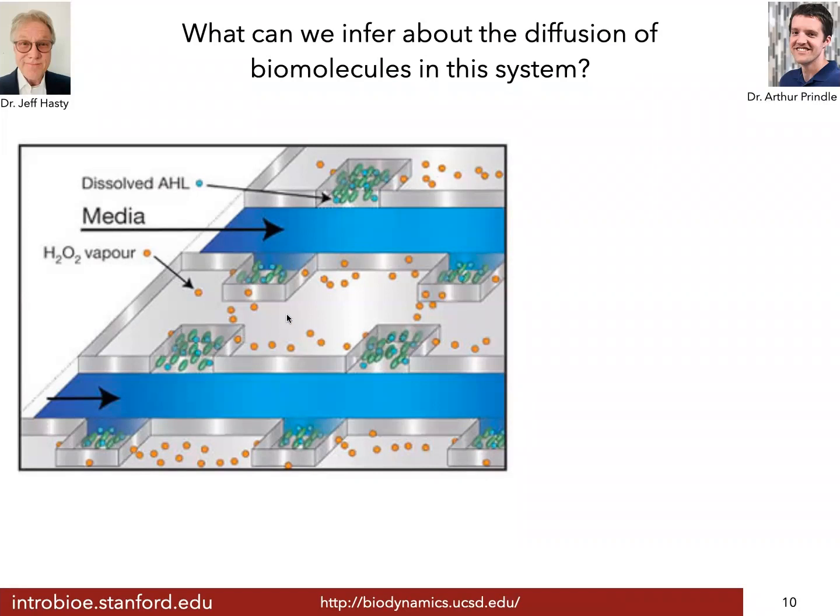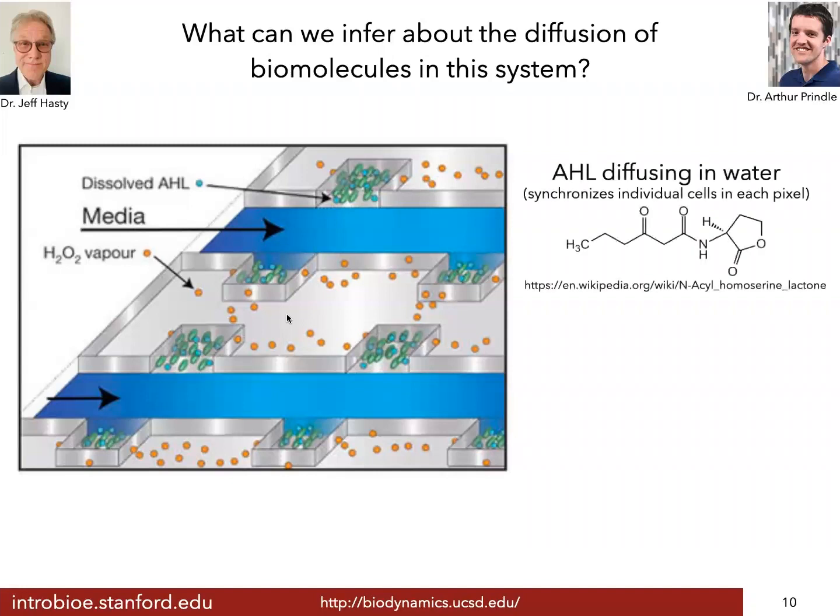And so let's look a little bit more into the details of AHL, whatever that is, and H2O2, which we know what that is. So AHL is a chemical called acyl homoserine lactone: A for acyl, H for homoserine, L for lactone. So AHL for short. And this is a molecule that was found, among other places, in bacteria, Vibrio fischeri, if I remember right, that live in the light organ of the Pacific bobtail squid. And if that sounds interesting, you should go look up what the Pacific bobtail squid is.